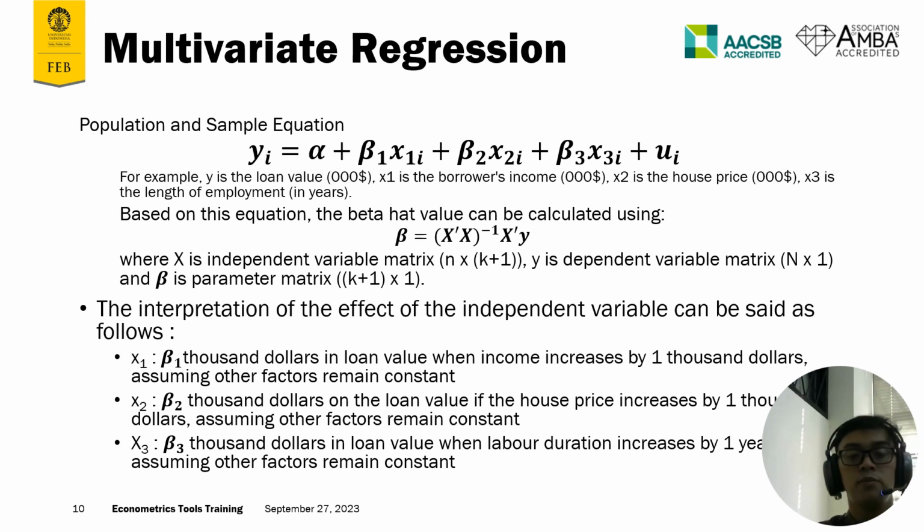So one can be depends on the unit of measurement that you have. Here I use the $1,000 for the borrower's income. And then the x2 is the house price, and the last one is the labor duration.